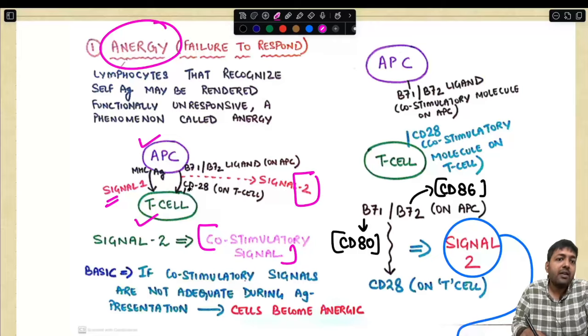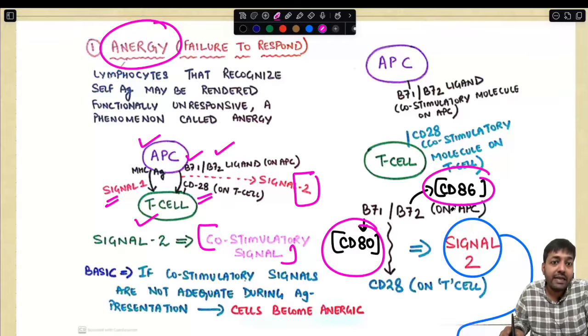On the surface of the T cell we have CD28, which engages ligands on the APC called B7-1, also called CD80, and B7-2, also called CD86. Once they engage with each other, there is an adequate signal number 2, and this will lead to T cell activation.